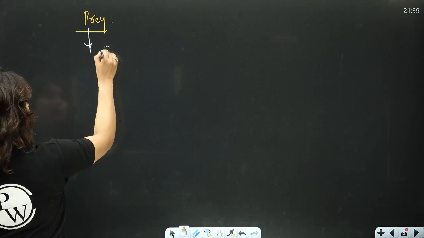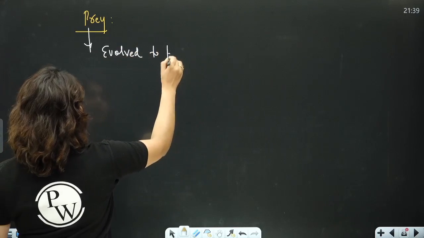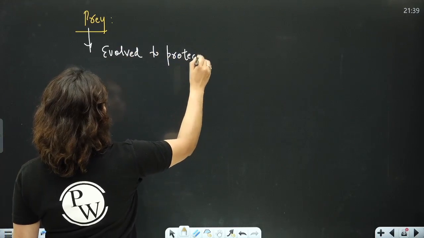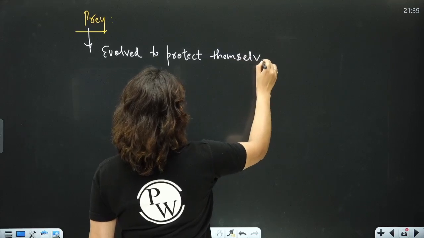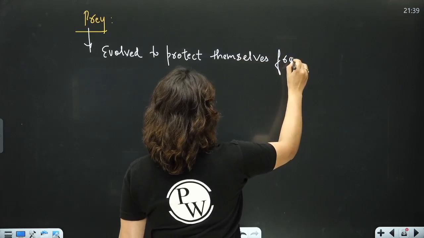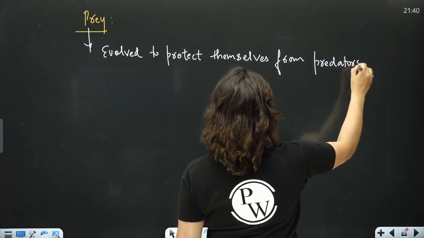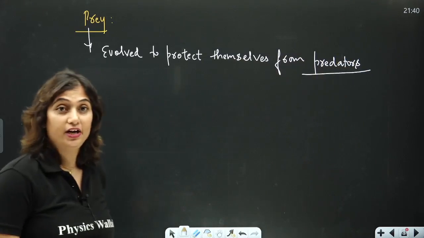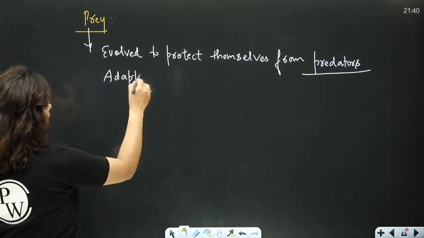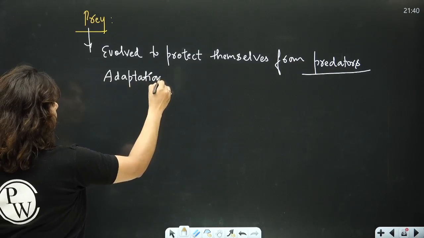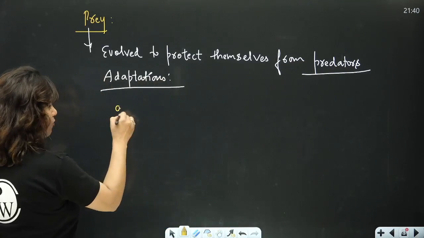They also have evolved to protect themselves from predators. There are many adaptations seen in the prey to protect themselves from predator, and those adaptations which are seen in the prey population so that they can protect themselves from the predator are camouflage.